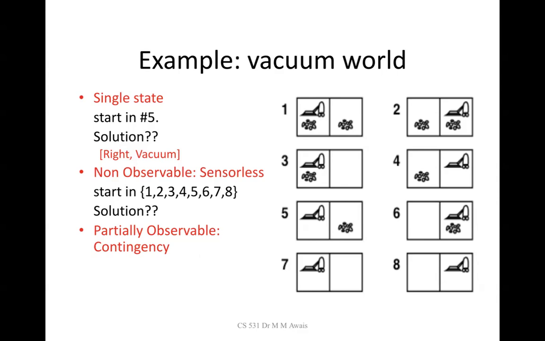This is what a partially observable state would mean. Or it could be the other way around. You may be able to identify that you are in room A or room B, but the sensors that identify whether there is dirt in the room may not be there, or may not be working properly. This is what we call partial observability.